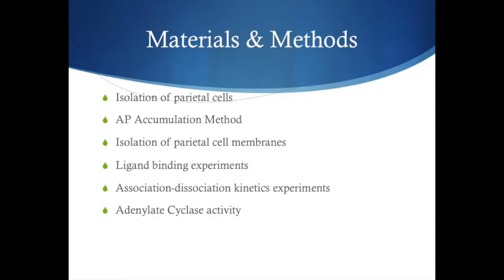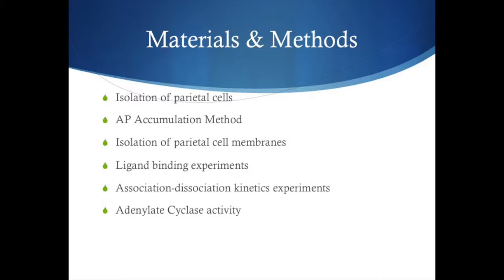Parietal cell membranes were isolated using 20 millimolar Tris-HCl buffer and 50 millimolar Tris-HCl buffer. The cell membranes were then resuspended in the 50 millimolar Tris-HCl buffer and stored at negative 80 degrees for usage. The protein concentrations were determined using a Bradford assay with BSA as a standard.